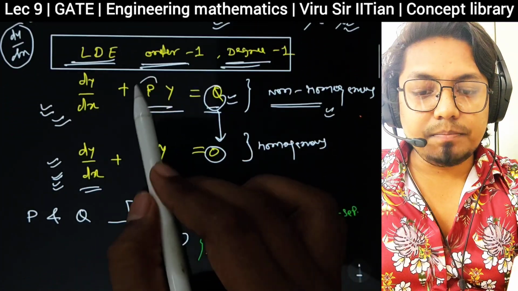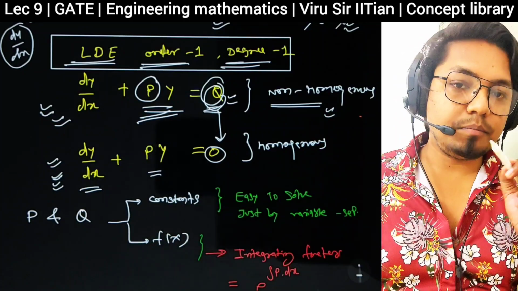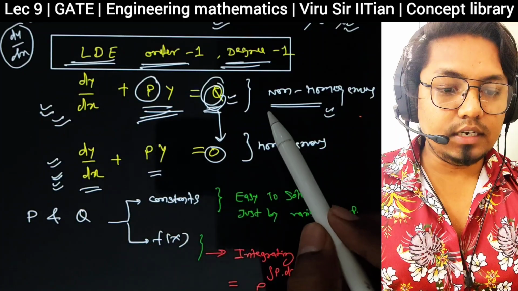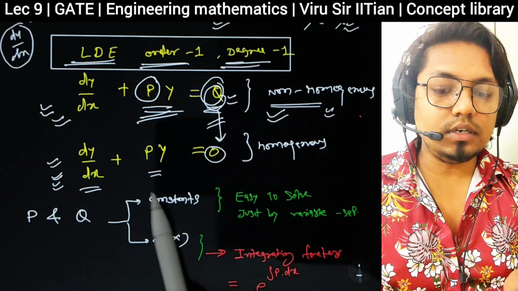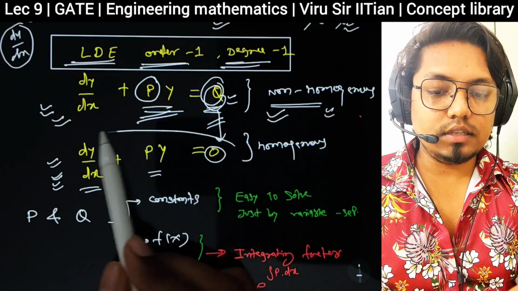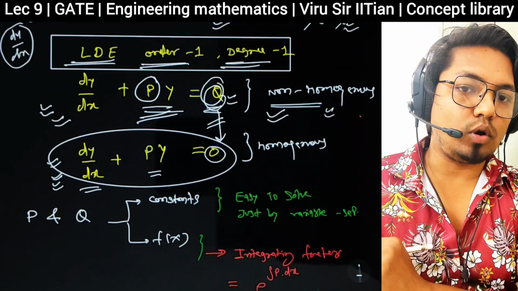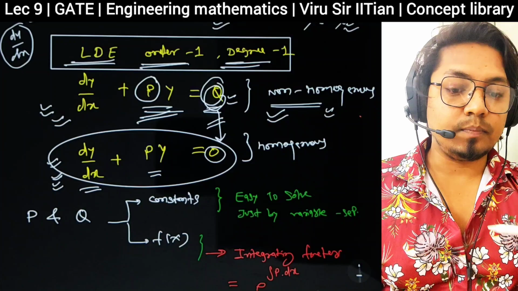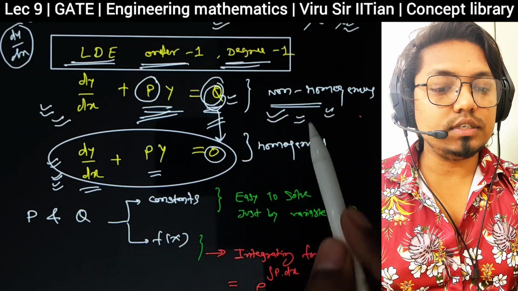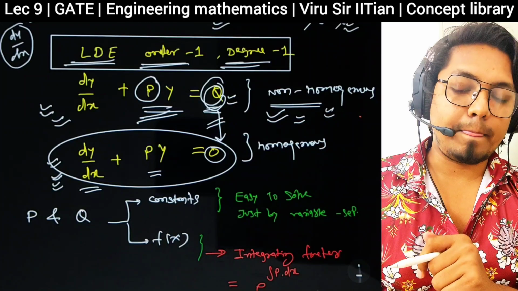Now this p and q, if both are present, then it is non-homogeneous equation. If q is not present, then second case, easily you can separate the variable and you can solve the problem. You don't have to learn some new methods. But if non-homogeneous equation, then only you have to learn new method, what we will learn now.